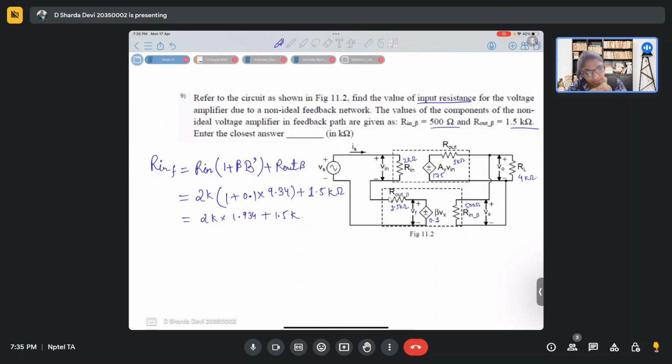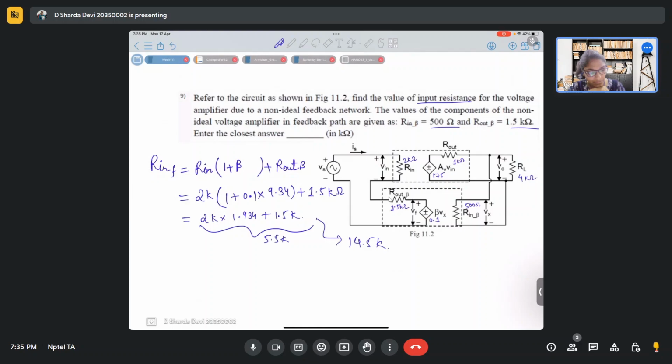Actually, this A_V' has also changed, because we didn't consider the effects due to these R_out beta and R_in beta. So this A_V' will also change. So that's why this will actually come across around 5.5K.